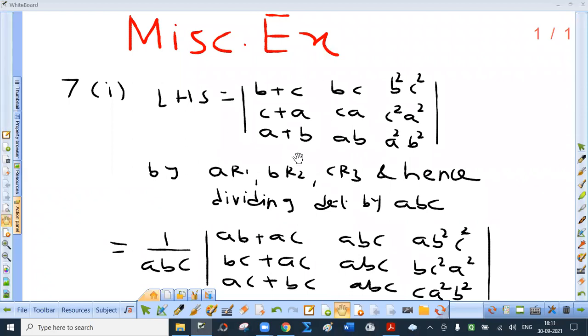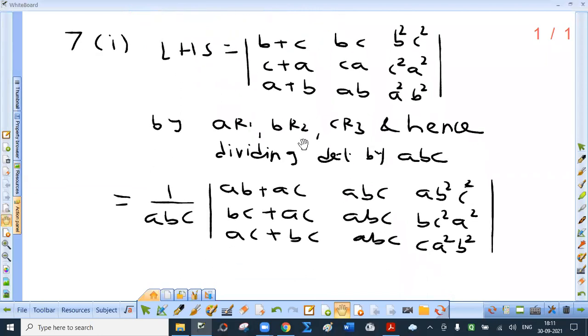Okay, start writing. Multiply the first row R1 by a, the second row by b, and the third row by c. Reason?